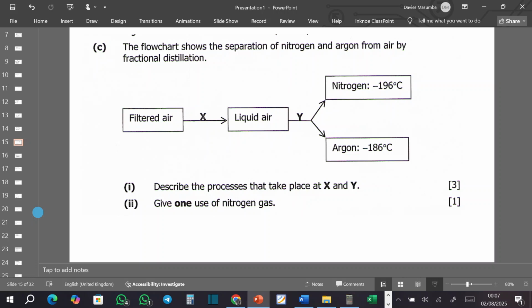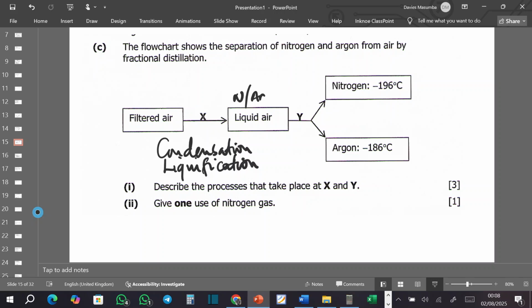So you have filtered air. Filtered air becomes liquid. What process is that? This should be either condensation or liquefaction. Then this is nitrogen and argon.